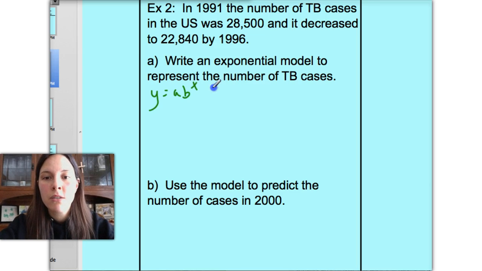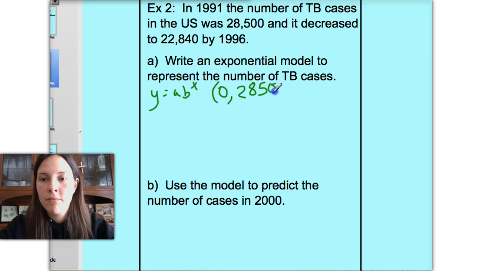So our ordered pairs would be 0 for year 0, or the initial amount, or 1991, 28,500. And then the second ordered pair would be for the year 1996, which is 5 years later, and that was 22,840.